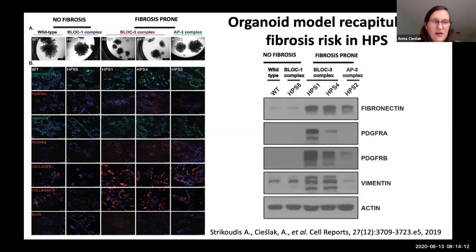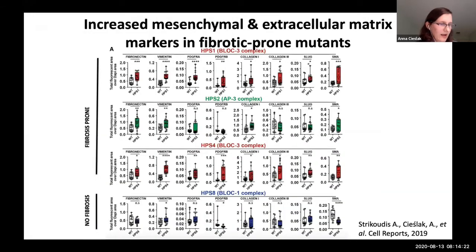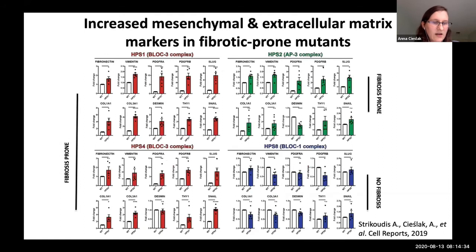We selected some markers that were confirmed with Western blot. And then those observations were also quantified from the immunofluorescence staining over here in each mutated clone, and further with RT-qPCR.